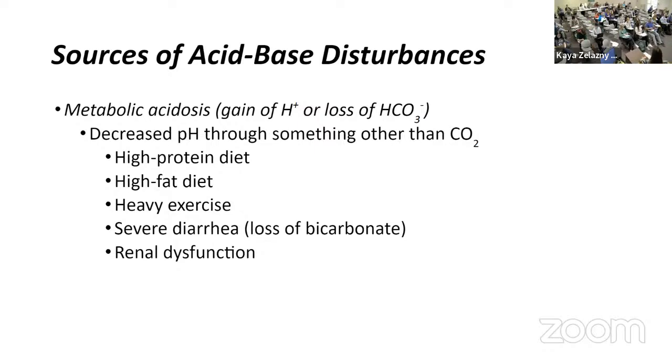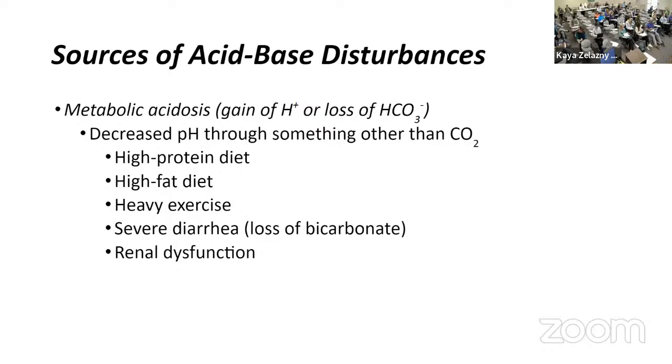Lots of hydrogen ions means we have a low pH, means it's an acid. We have a balance with bicarbonate ions. That's that other thing on there, that HCO3 minus, that bicarbonate. Okay, so that balances out our acids. So when we lose bicarbonate ions, our acids kind of take over, causing acidosis.